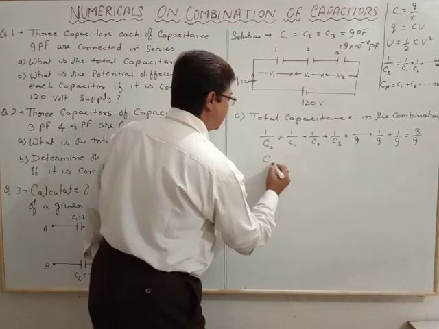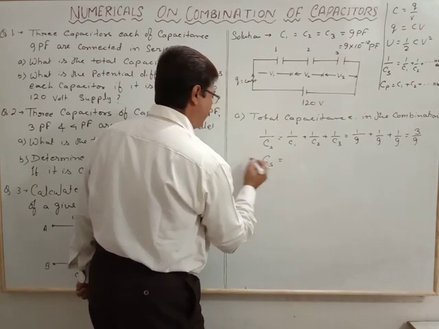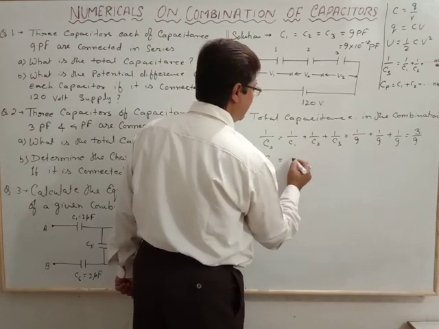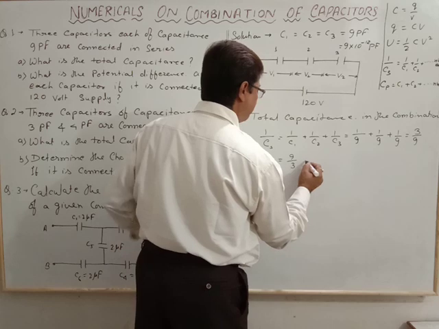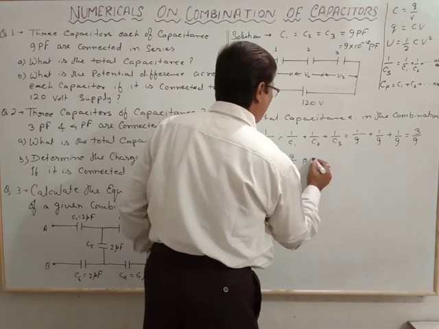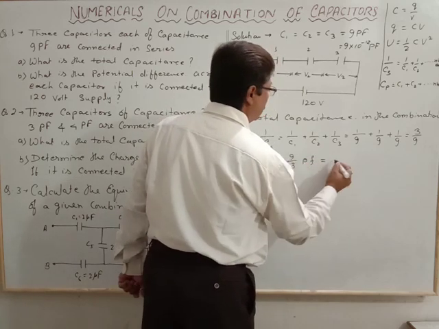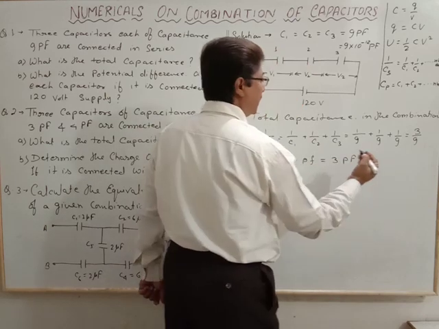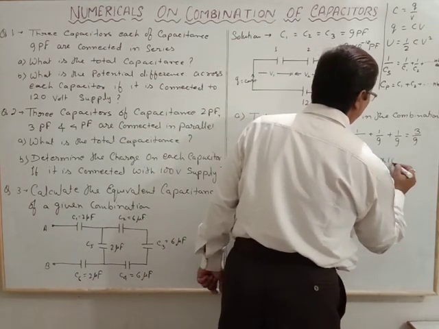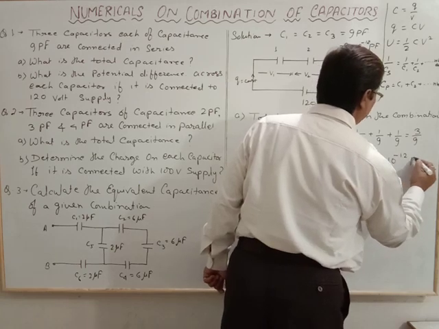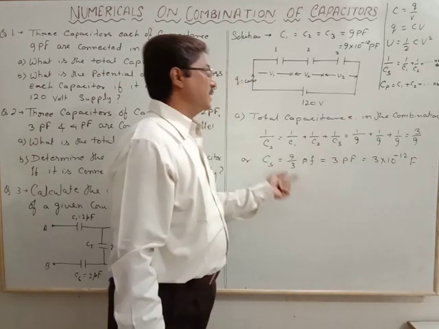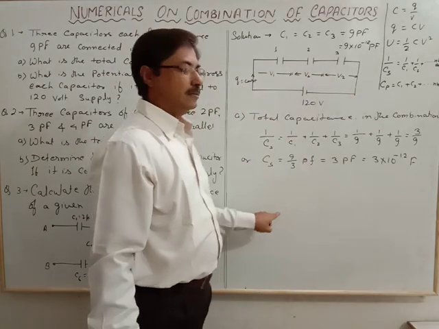This implies the total capacitance in series combination is equal to 9 by 3 picofarad, and that is equal to 3 picofarad, or it may be written as 3 into 10 to the power minus 12 farad. So we calculated the total capacitance of the series combination.